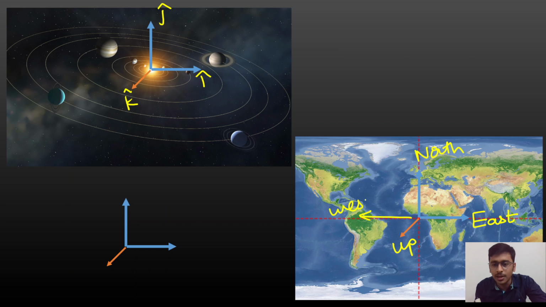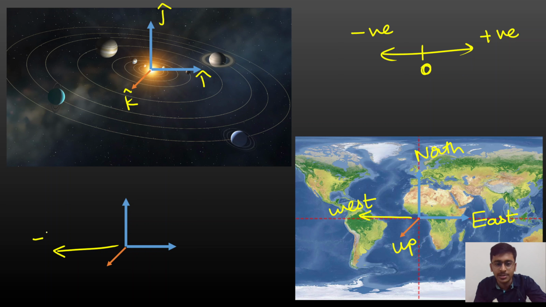west is opposite of east, and opposite in a number line. If I draw a number line, this is 0. On the right hand side of 0, we have all positive integers and positive real numbers. On the left hand side of 0, what do we have? We have negatives, right? So west can be represented by the minus I cap direction.